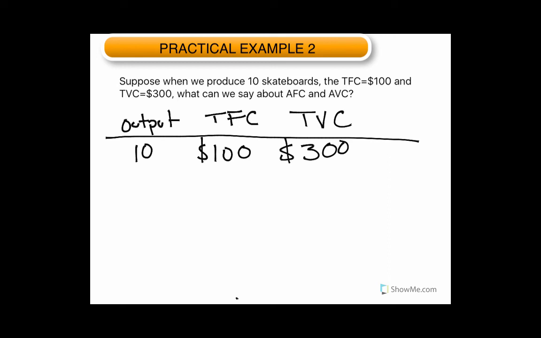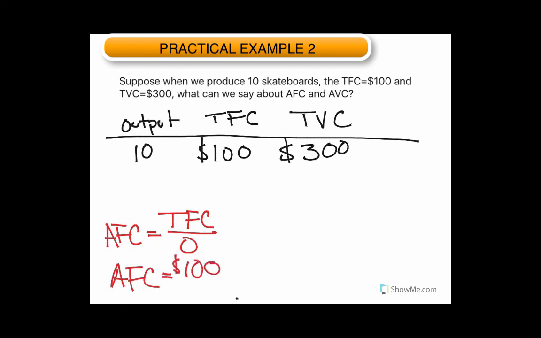So what can we say about the AFC, average fixed cost, and AVC, average variable cost? So we know that average fixed costs are equal to total fixed costs divided by output. So in this example, our average fixed cost is 100 divided by 10, which equals 10.